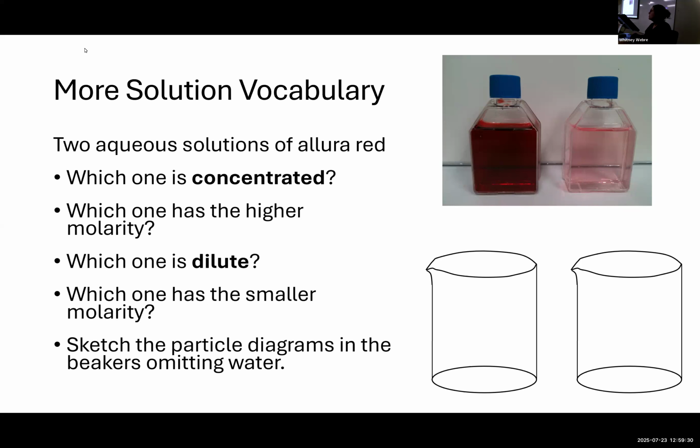I'll get into my spiel because I do this with my students a lot. America, for some reason, thinks that having a lot of dyes in our food makes us think, oh, more nutrition. That's not true.